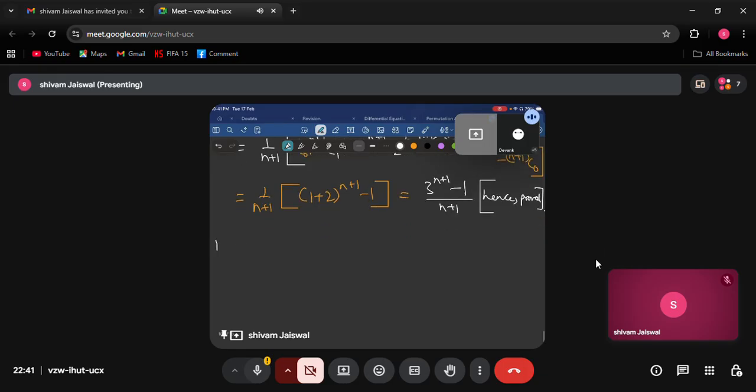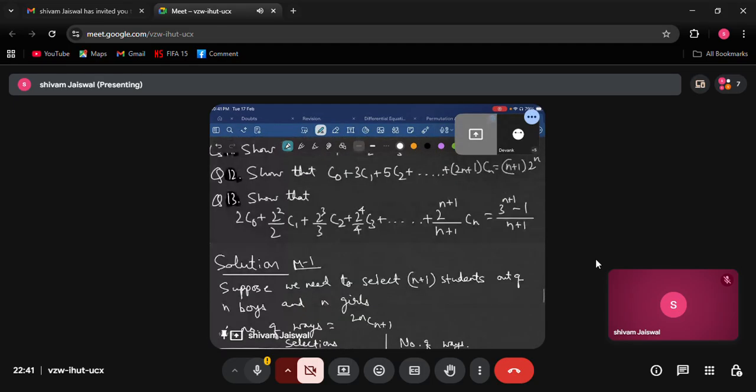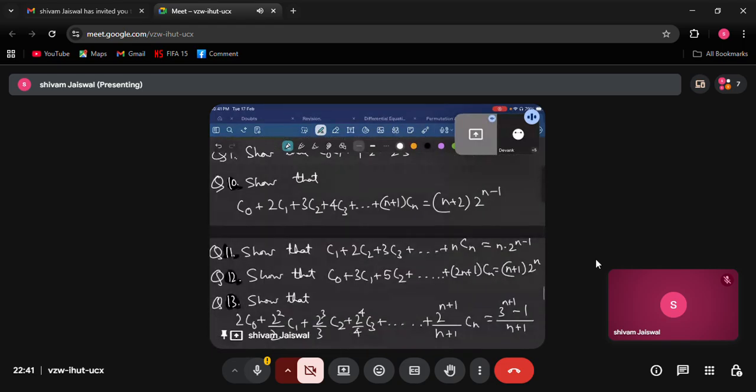Method 2. Okay, method 2. So everyone, let us recall this problem. Over here, I needed the coefficients in front, so I differentiated it, right? Because whenever you differentiate x to the power n, you are going to get the coefficient in front, n into x to the power n minus 1.